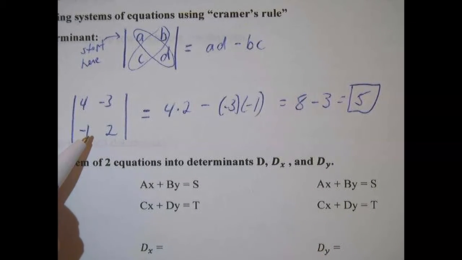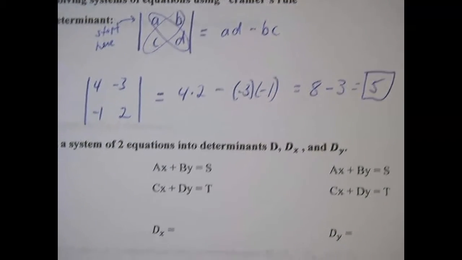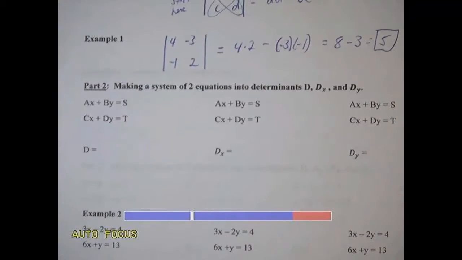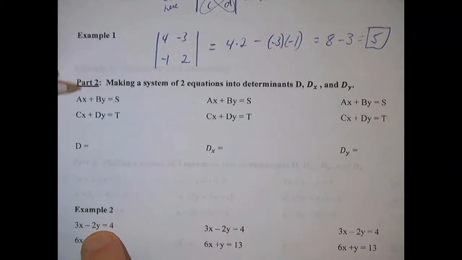So how is this going to help us? Here's the process we're going to use for Cramer's rule. We get a system of 2 equations, and we find 3 different determinants. The first is just called D, for determinant.